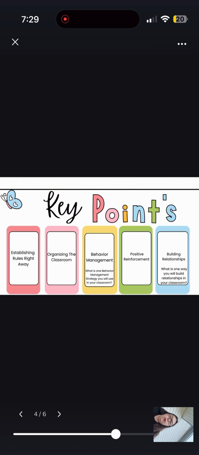Okay, so my first big point is establishing rules right away. This means that on the first day of school, you are establishing the rules. So before school starts, you are already having those rules in place.